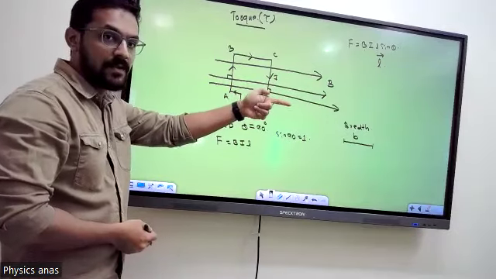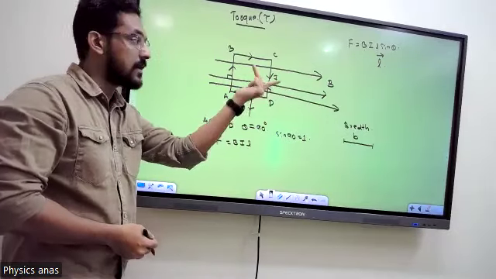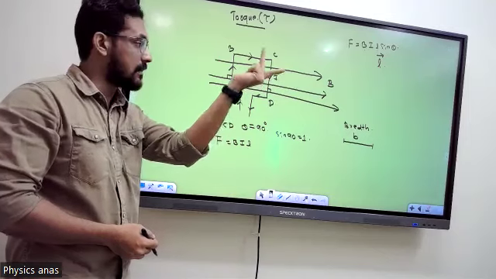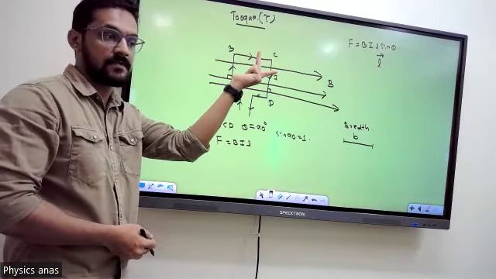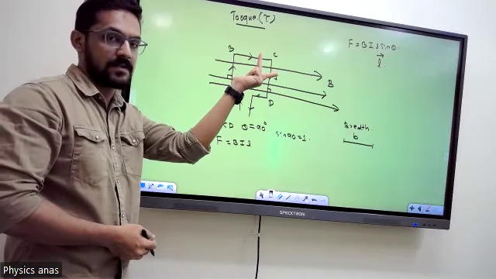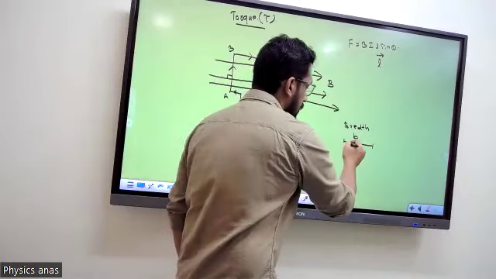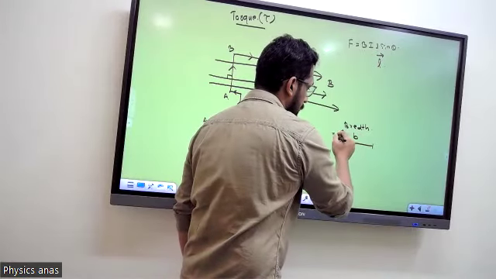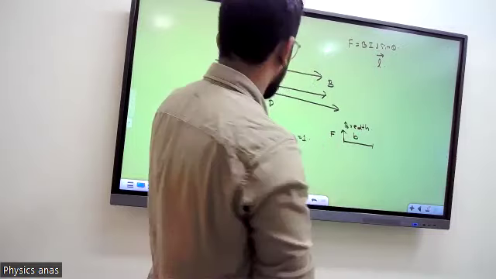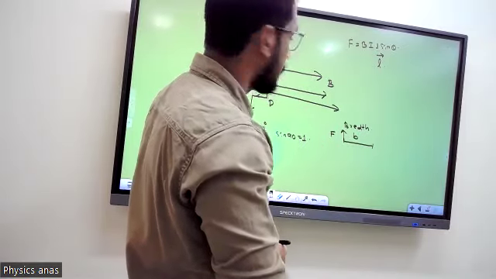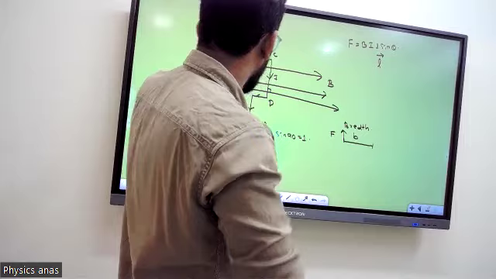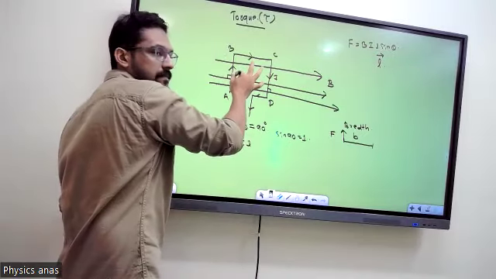This is magnetic field. What is the direction of current? Direction of current is here, and force is inwards. So I am drawing that force, inward force.